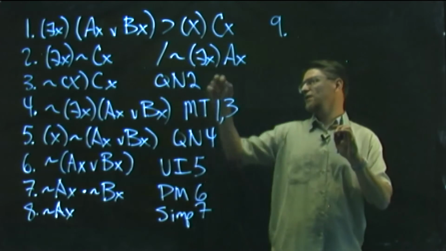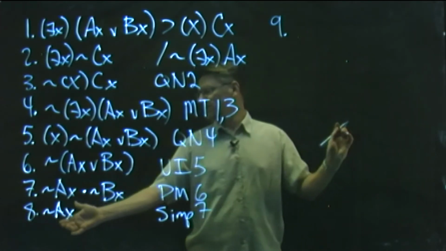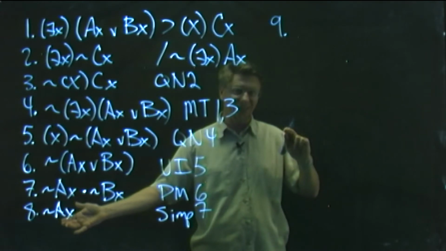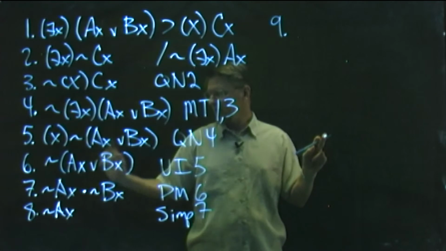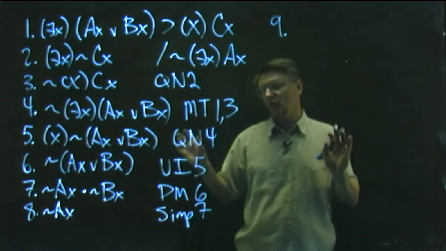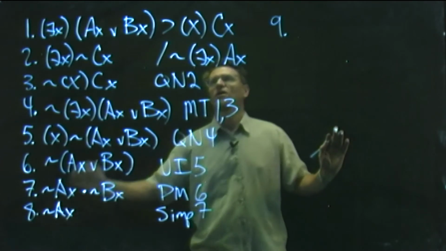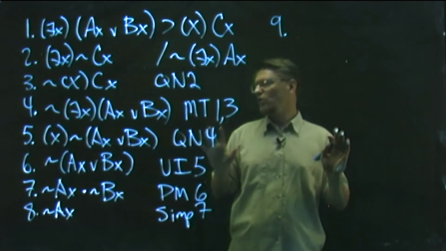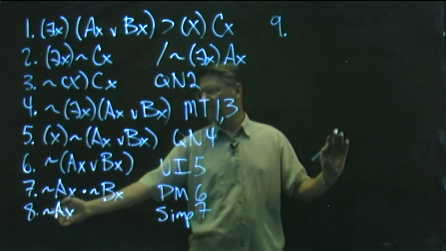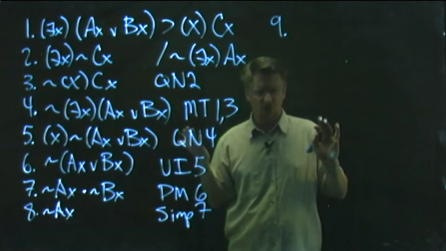I need to end up with a quantifier on it, obviously. So what quantifier can we add to this? Well, of course, we could add either the existential or the universal quantifier because we have a variable here. However, whichever quantifier we add to line 8 will have to be added to the far left. So it won't end up looking like our conclusion here. So we know that when we add on a quantifier, we're going to end up wanting to move the tilde over, which will mean that we're going to end up changing the quantifier.